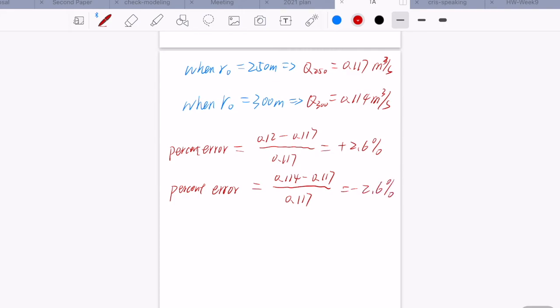So we can conclude that there is about plus or minus 2.6% change in discharge for a plus or minus 20% range of R0. So we finish this problem.